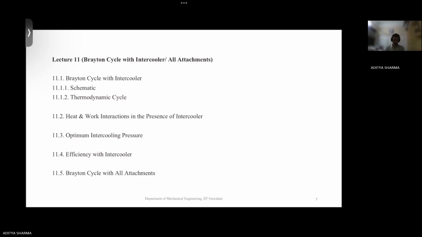Okay. So lecture number 11 is Brayton cycle with intercooler. And if Brayton cycle is taken with all the attachments, namely your reheater, your heat exchanger, and your intercooler.